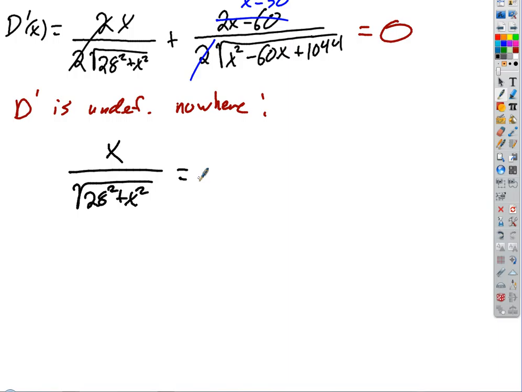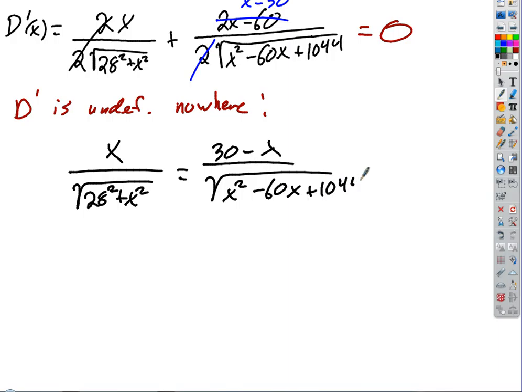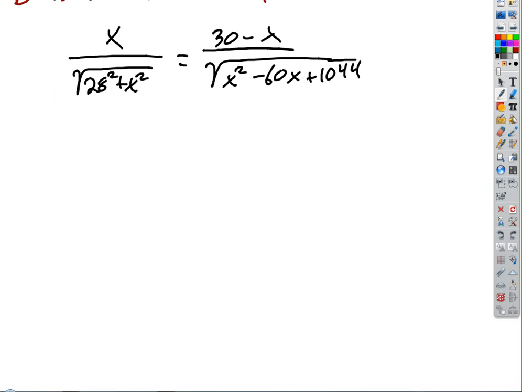If we subtract it over here, we get a minus 1 out front, which we'll distribute. Make sense? Okay. Boy, I didn't think how ugly this would be. This is a pretty ugly one. Yeah, this is long. So if we cross multiply, we get x times.